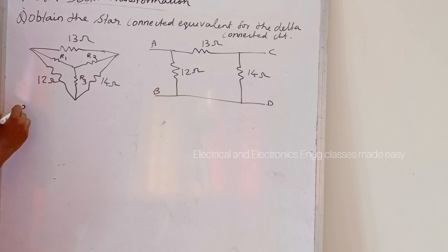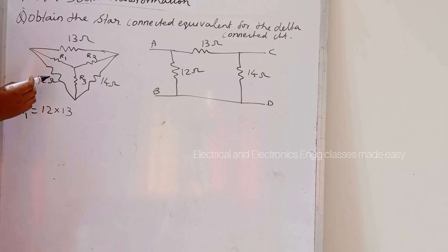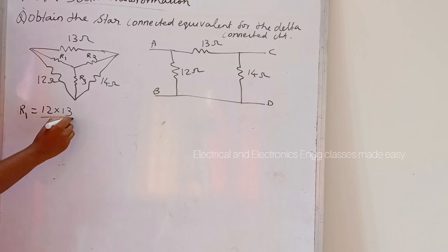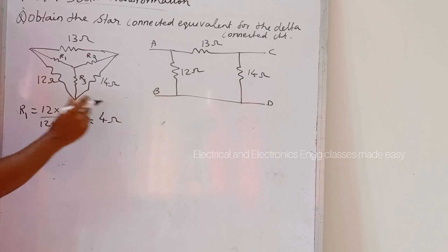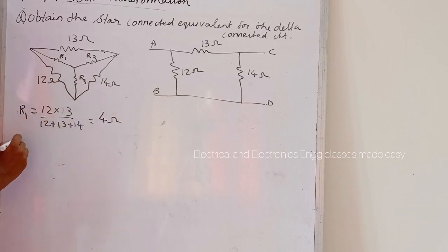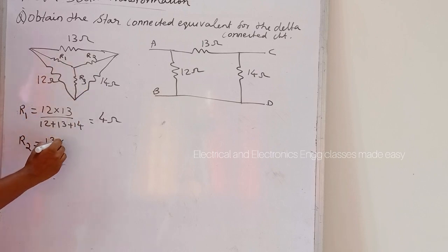So here what is R1? R1 is equal to 12 into 13. So 12 and 13 are connected to R1, divided by total resistance 12 plus 13 plus 14, and that is equal to 4 ohms. Then what is R2? R2 is equal to 13 into 14 divided by total resistance, which is 39.